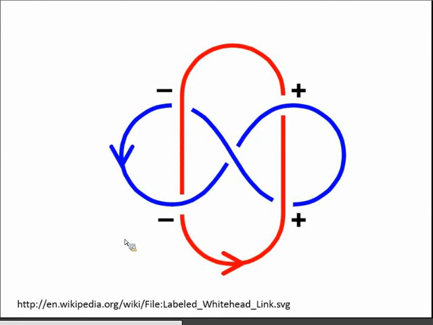Linking number can be 0. In this case, maybe instead of having each of these curves representing a single backbone, sometimes these single curves will actually represent double helical DNA. So I might have one of these curves.